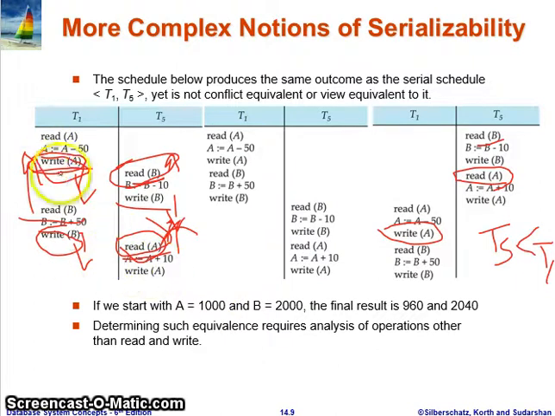The first condition is true, they belong to different transactions. The second condition is operating on the same data item. Yes, this is operating on data item A, and this is also operating on data item A, and one of them is a write. Yes, this is a write. So these two operations are conflict operations.